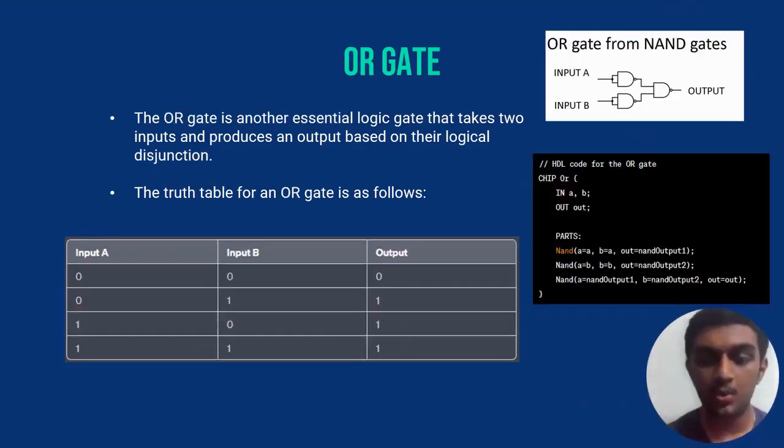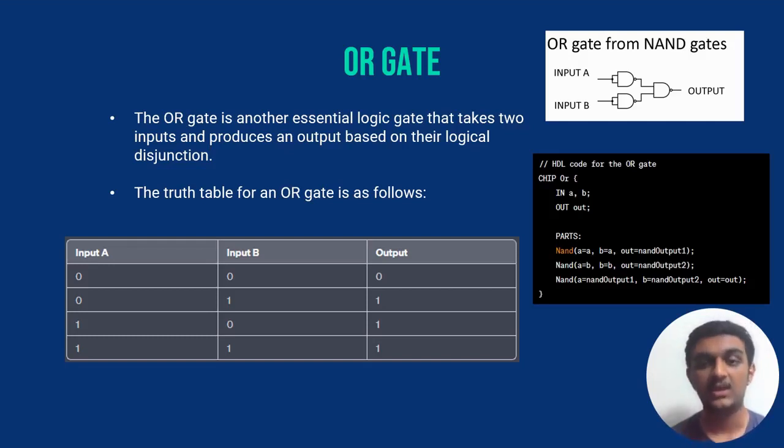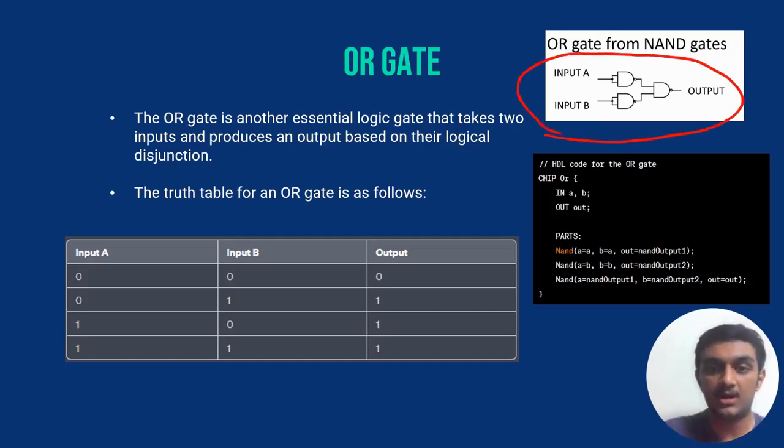Now let's go on to the OR gate, the next fundamental gate. The OR gate is another essential logic gate that takes two inputs and produces an output based on their logical disjunction. So that's the definition for the OR gate. Now let's see the circuit diagram, how to develop an OR gate using the NAND gates.